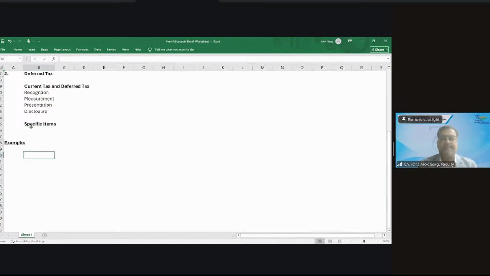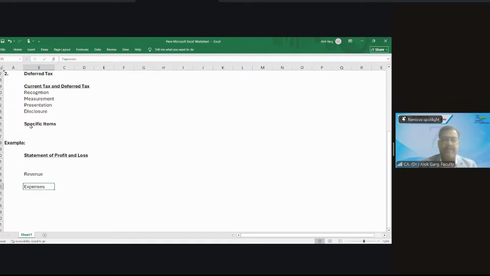Let's say I am giving you a profit and loss account, a statement of profit and loss. And how will you prepare your profit and loss, as per Income Tax Act or as per Companies Act? As per Companies Act, of course. This is my revenue. This is my expenses.